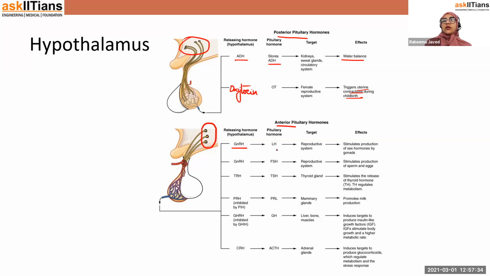Gonadotropin releasing hormone causes the secretion of LH, luteinizing hormone, and FSH, follicle stimulating hormone, which affect the reproductive system, both male and female respectively. LH causes the production of sex hormones by the gonads, and FSH causes the production of sperms and egg respectively. So LH is luteinizing hormone.